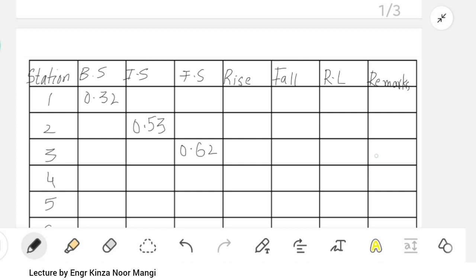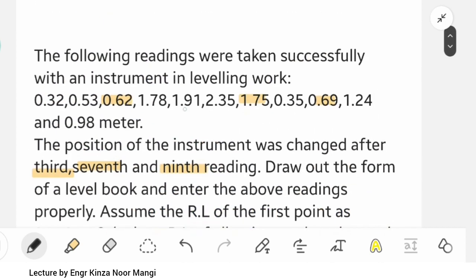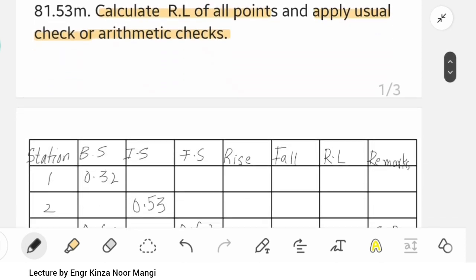Because at the third point the instrument has changed, we will mention in the remarks CP, which means change point, and here the foresight and backsight will be the same, which is 0.62. Then further 1.78, 1.91, 2.35 and 1.75.